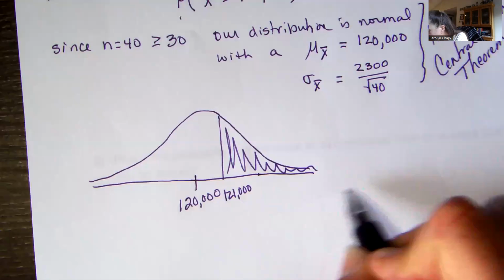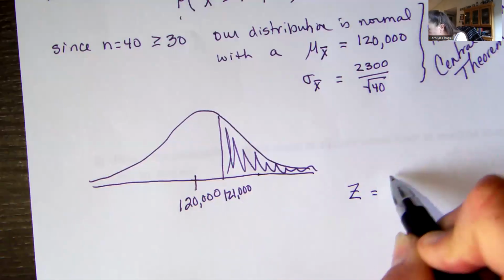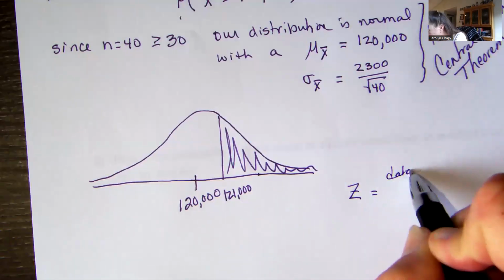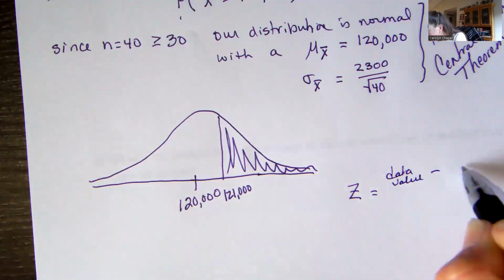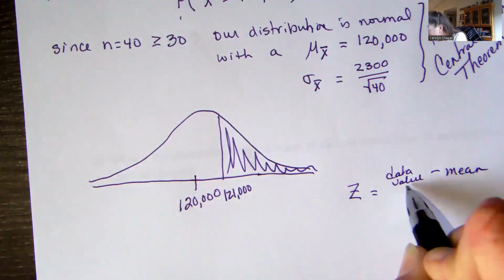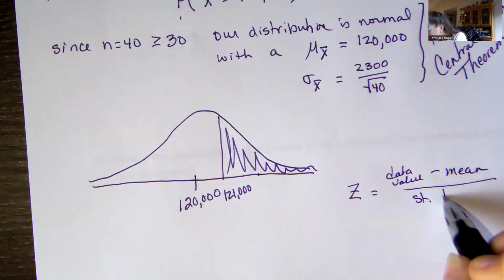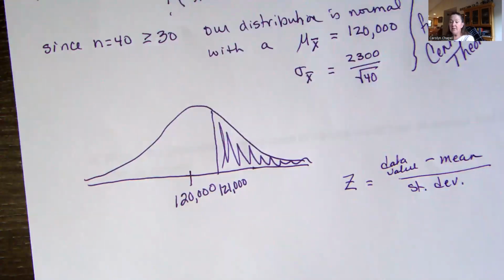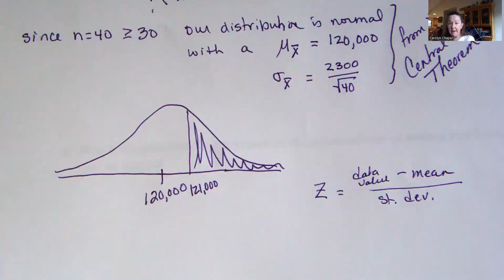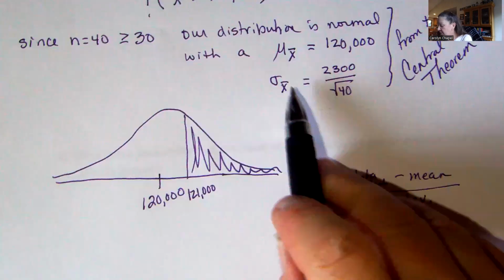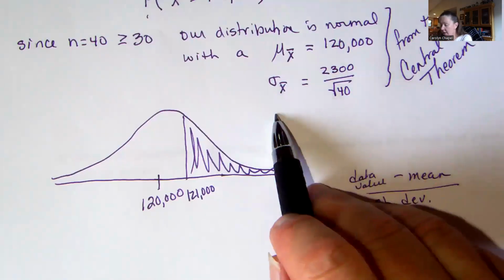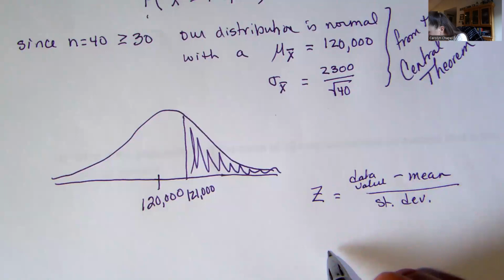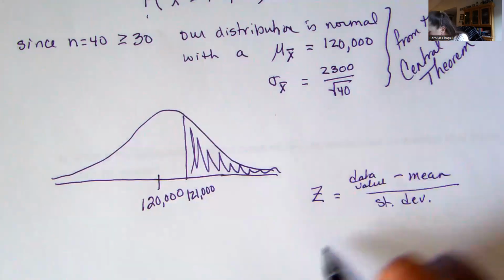Now, remembering that our z is our data value minus the mean, over the standard deviation. Now, realize we are not talking about X here. We are talking about X bar. So our data value is still that 121.